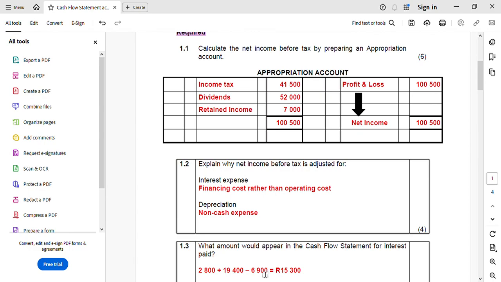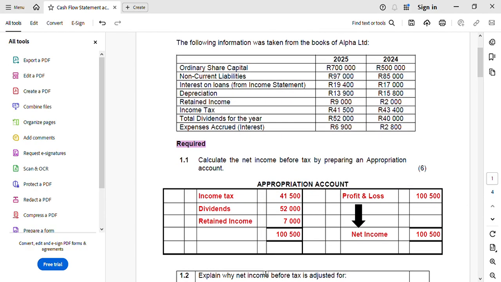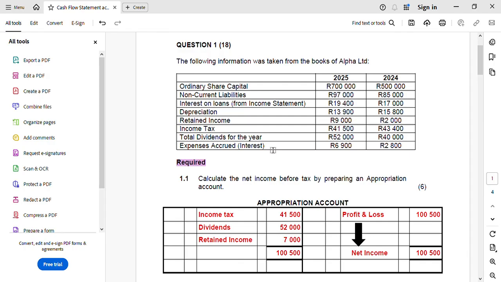The next question asks the amount that would appear in the cash flow for interest paid. In terms of interest that you're going to pay, you must look and see if you've got any expense accrued for interest, which you do have. So the first thing we're going to pay is that 2,800.